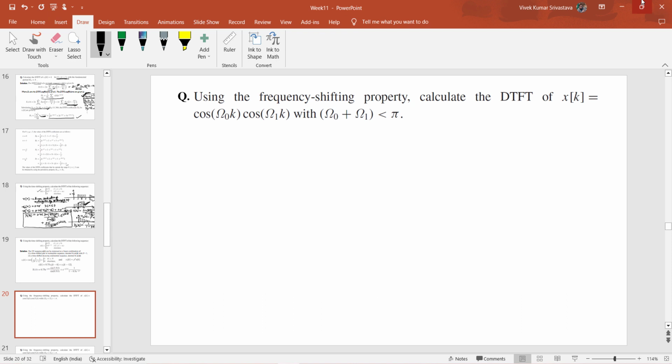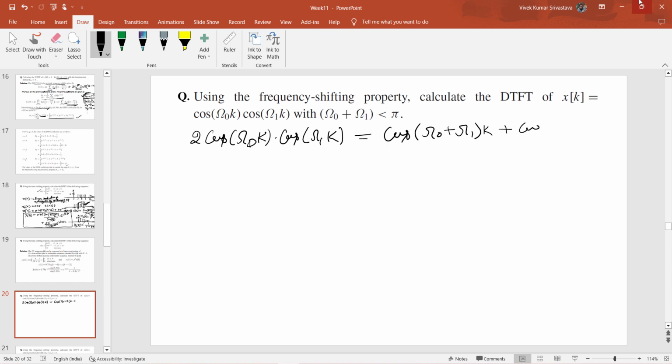As we know, first of all, twice cos of omega naught k into cos of omega 1 k can be written as cos of (omega naught plus omega 1) k plus cos of (omega naught minus omega 1) k. This I got from the mathematical identity.